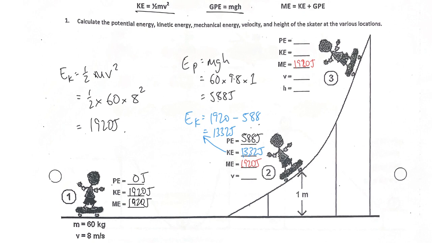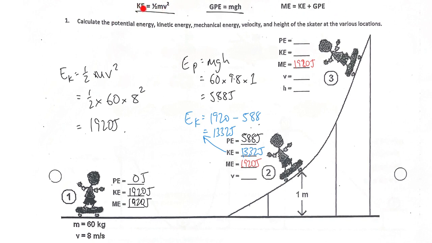But now we're asked to find his velocity. So which energy should I use to work out his velocity? Potential, kinetic, or mechanical? Not mechanical. Not potential. So the kinetic energy. If you look at the equations at the top here, only one of them has velocity in it, which is the EK.